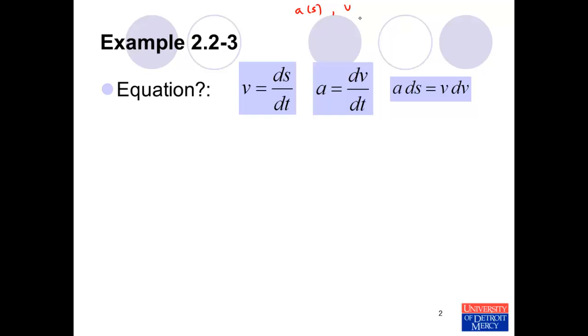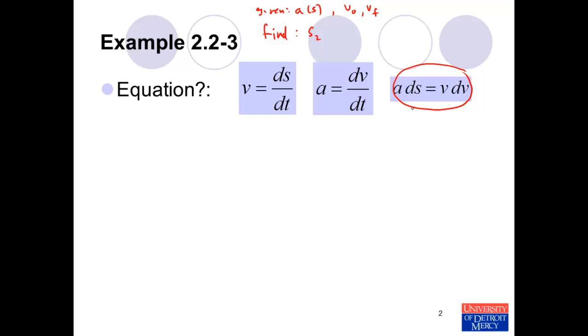We have the initial velocity, the final velocity, and we want to find the stopping distance. If we look at these 3 equations, the one that relates the things that we have and the things that we want to find is this one. It has acceleration, which we know. It has position, which we're trying to find. And it has velocity, for which we know the initial and final velocities.